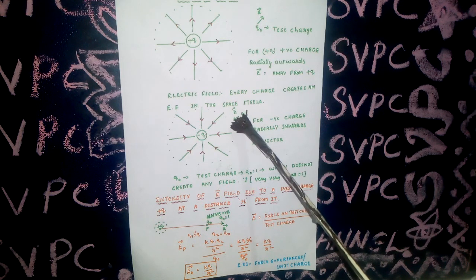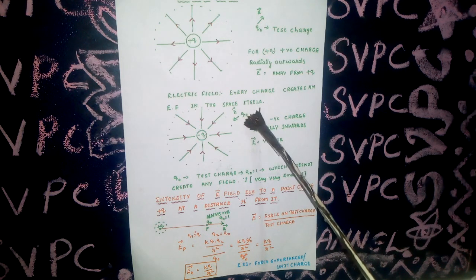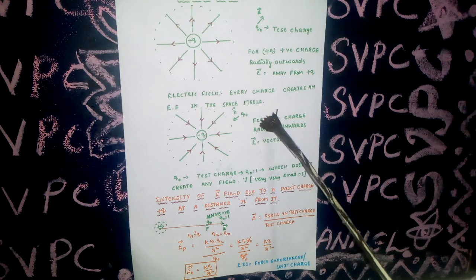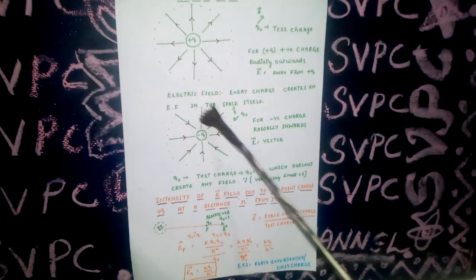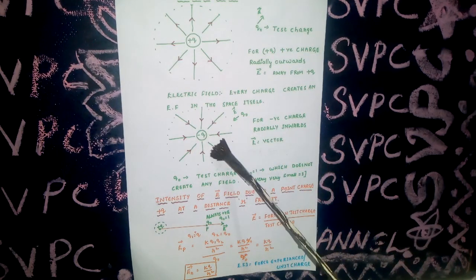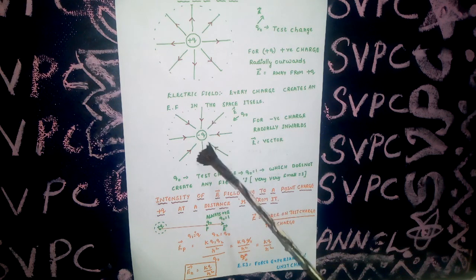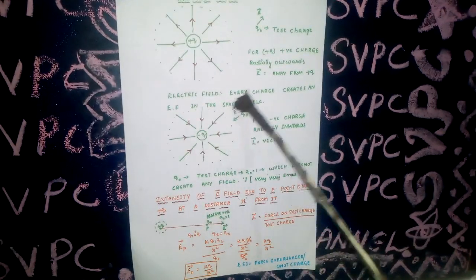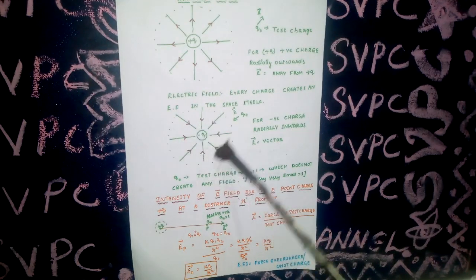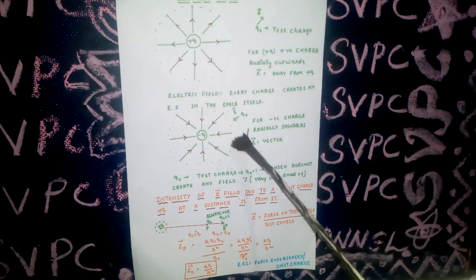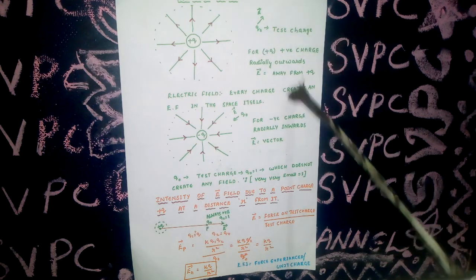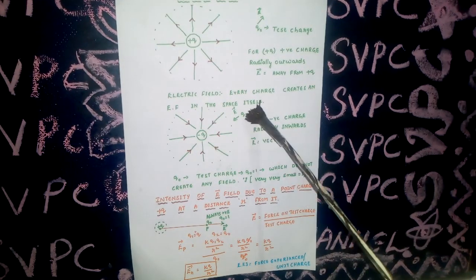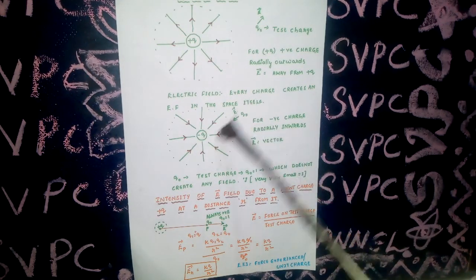If plus Q naught created its own field, and our positive or negative charges create their own field, then it would not come here because each has its own field. So it is not possible like that. Q naught is the test charge and it is very, very small.